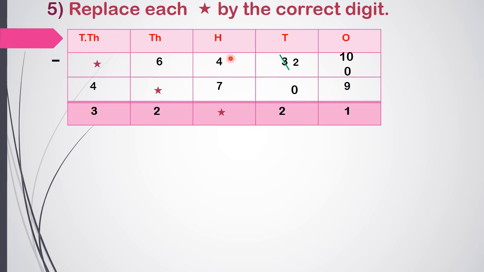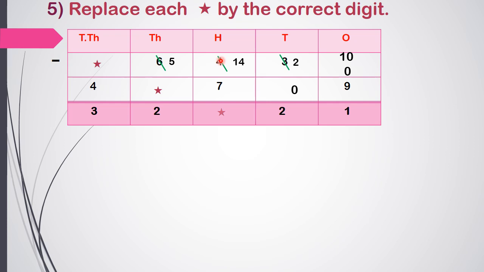Now move on to the next digit. 4 minus 7. Can we subtract 7 from 4? No. Then what will we do? Yes, we have to borrow from the previous digit. So 6 changes into 5, and here 4 changes into 14. What is 14 minus 7?